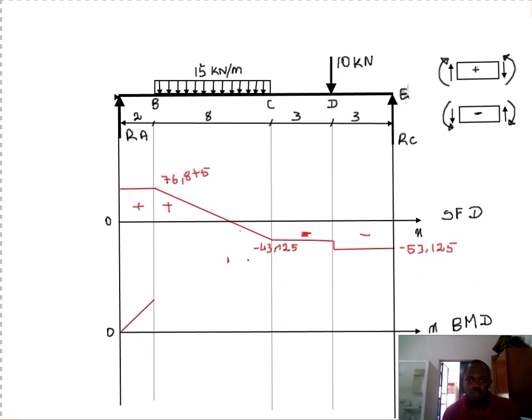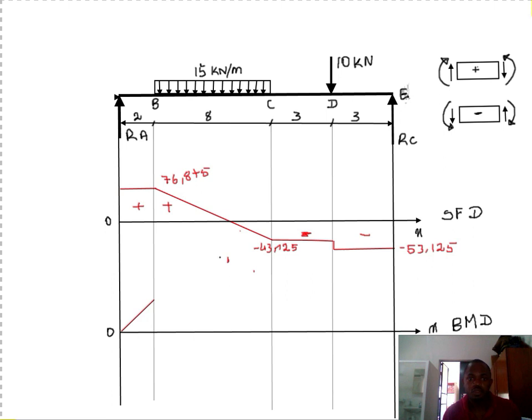We will also, in the next exercise, calculate the point of contraflexure. So all those will be done in our upcoming video.